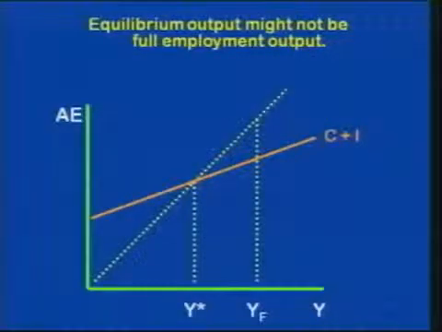Now, let's use this information to return to the basic question that motivated this whole thing and led to Keynes thinking about this in the first place. Suppose this is full employment aggregate output. If everyone in the economy were employed, this is the amount that we would be able to produce.